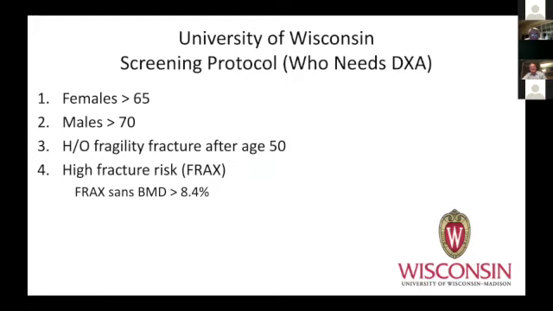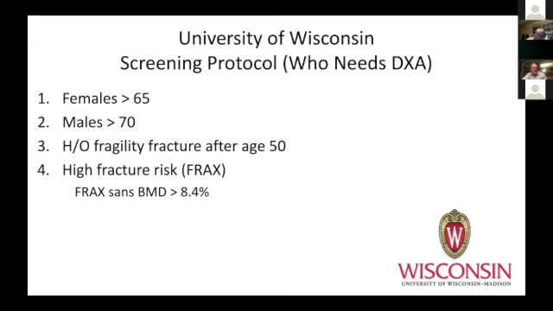This is what we abstracted from that investigation, which is the UW screening protocol, where we look at females over the age of 65, males over the age of 70, or a history of a fragility fracture after the age of 50, doesn't matter where, except for fingers and toes.